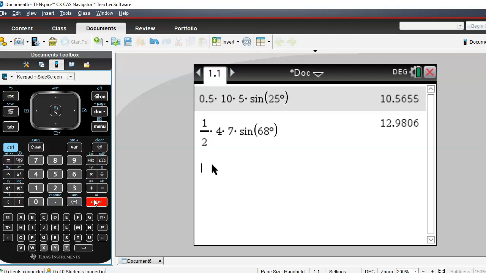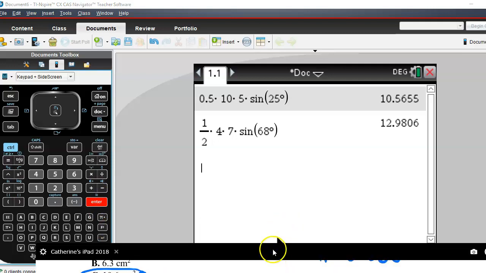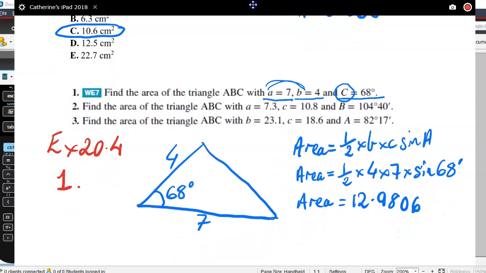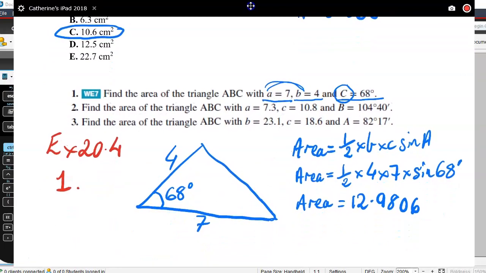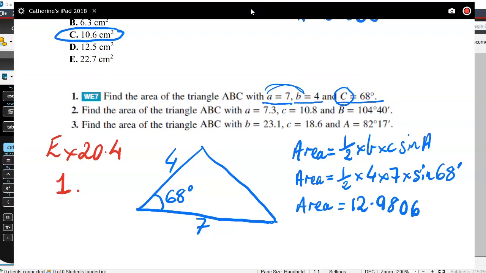It doesn't give me a rounding instruction, or degree of accuracy. So depending on what the book says, because all the rest are to the nearest whole number, we might say that is 13.